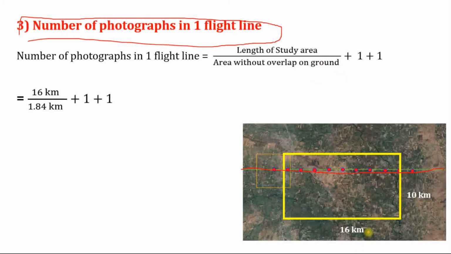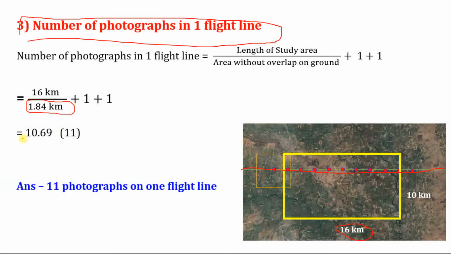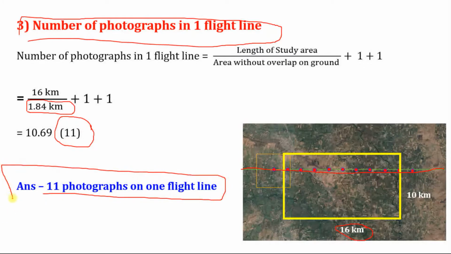Length of study area is 16 kilometers, area without overlap on ground is 1.84 kilometers, which is already calculated. Then plus 1 is equal to 10.69. In round figure, this is 11, meaning 11 photographs on a single flight line. Why do we consider plus 1 plus 1 here?